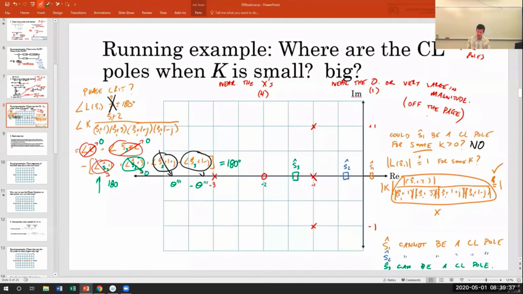But you're right, is it true that you only need to pass 1? Because here we passed 3. Yeah, but they have the same real coordinate. Okay, great. Yeah. So every time you pass, can we say an odd number of open loop poles?